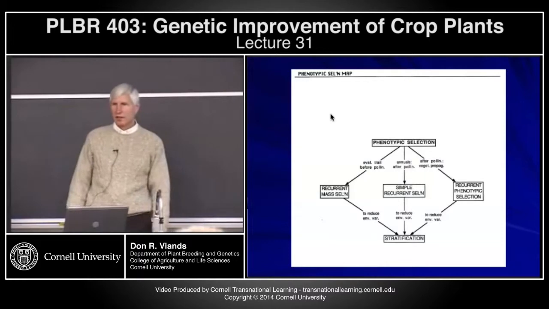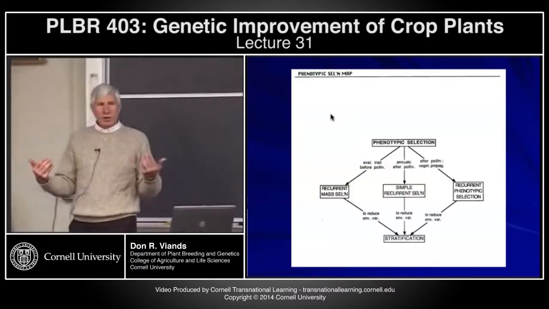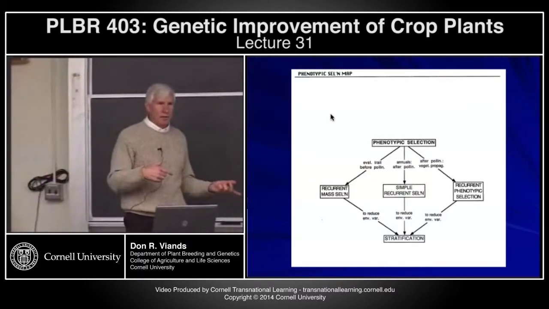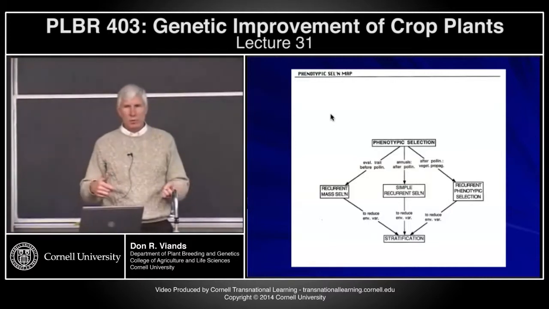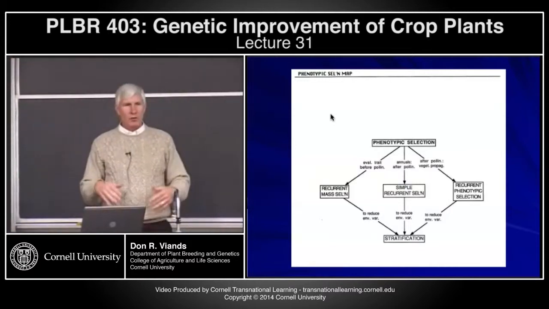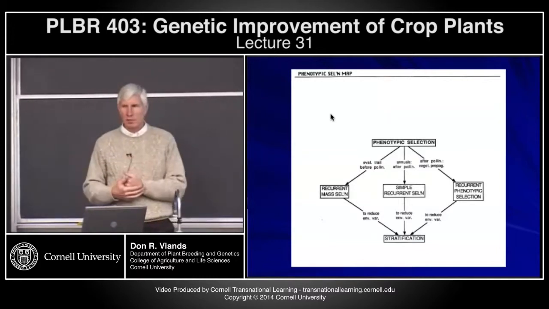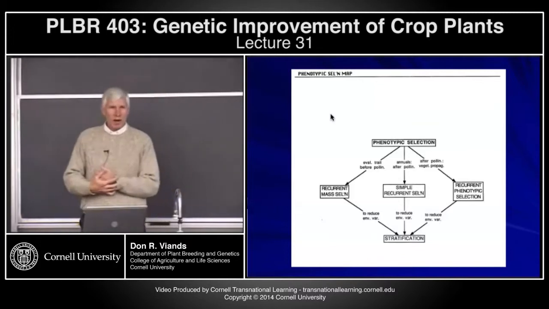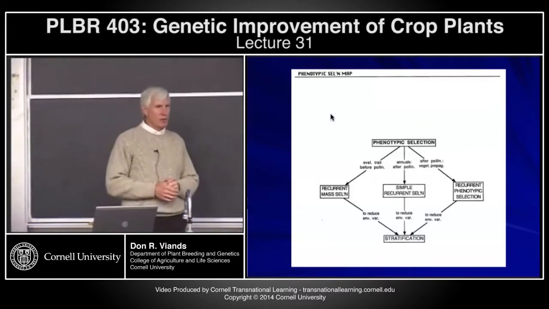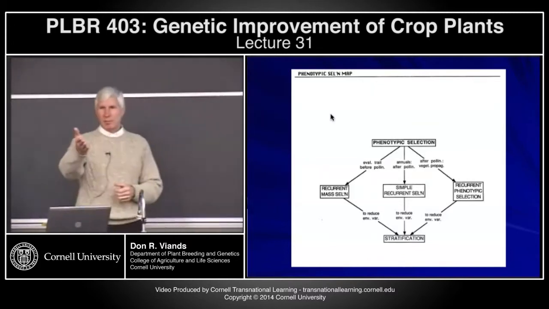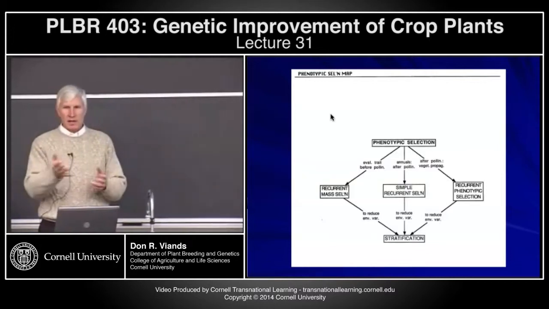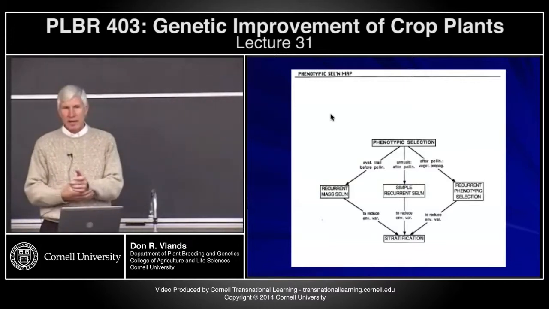Okay, so that just illustrates the point that I brought out, I think probably the first day that I was with you 2 weeks ago, that although we're going through these methods and we're using corn as kind of the classical example, and I'm giving alfalfa as an alternative for some of these, each crop is going to be a little bit different on how you handle it. So there's an example with potato. It's not perennial, but you can vegetatively propagate it.